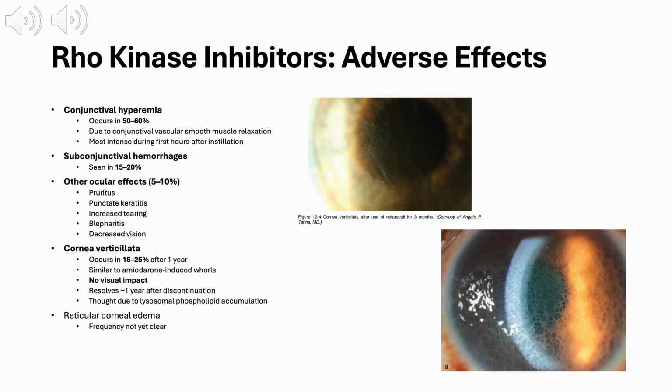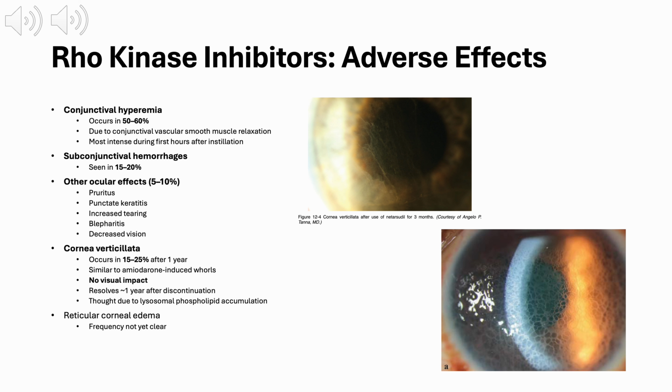A distinctive finding is cornea verticillata, reported in 15 to 25% of patients after a year of therapy. These are whorl-like epithelial deposits, similar to those seen with amiodarone. Importantly, they have no impact on visual acuity and typically resolve within a year after discontinuation, thought to result from lysosomal phospholipid accumulation.